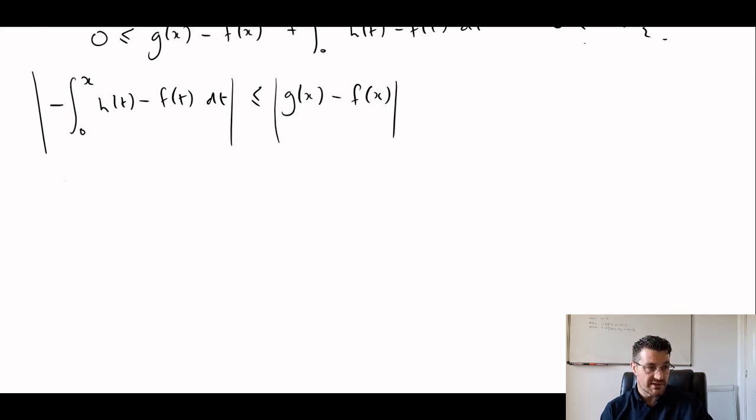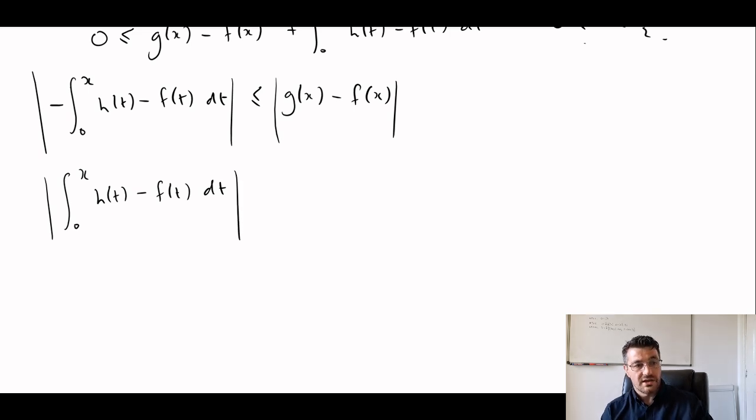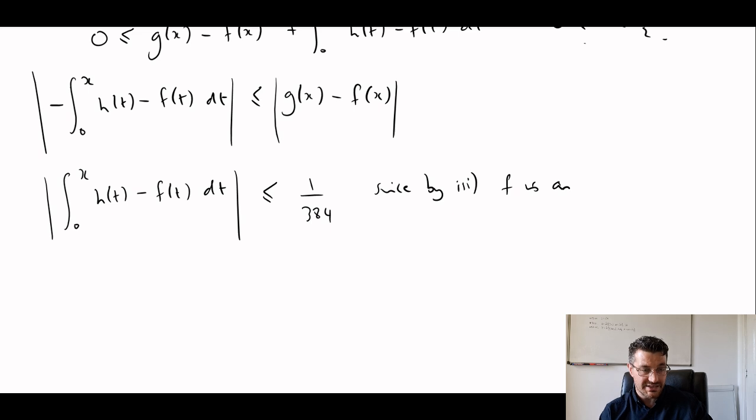And what does that give me? It gives me the integral from 0 to x of h of t minus f of t dt. Aha! The modulus of g of x minus f of x is less than or equal to 1 over 384, since by part 3, f is an excellent approximation, or maybe I could say, it has been shown. And do cite this in your solution.